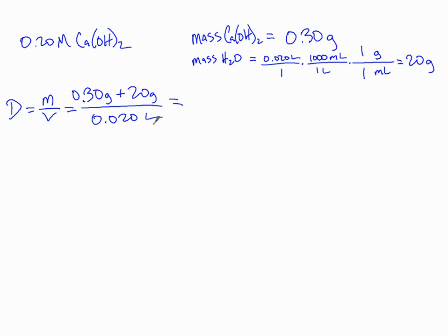It ends up being 1,020 grams per liter. The pure water itself, if the density is 1 gram per milliliter, would be 1,000 grams per liter. So most of this is water. Only a very small portion of it is the calcium hydroxide.